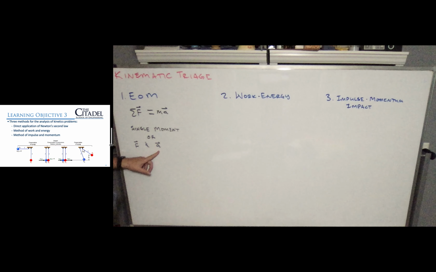Because if we don't have acceleration, we're going to have to use our particle kinematics to identify the acceleration at those single moments so that we can use the equations of motion to come up with the solution. And so that's a great way to work, and it's super powerful, and in some cases it'll be the only solution that will give us the data we want to know. For example, normal forces are best calculated using the equations of motion.